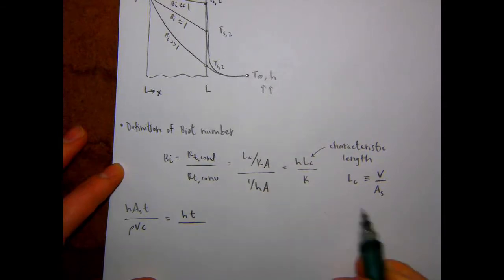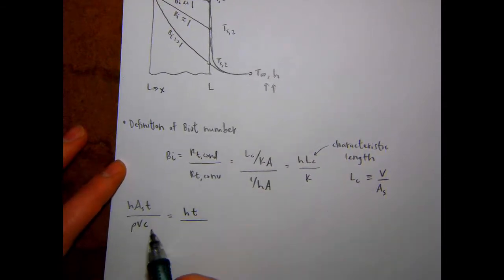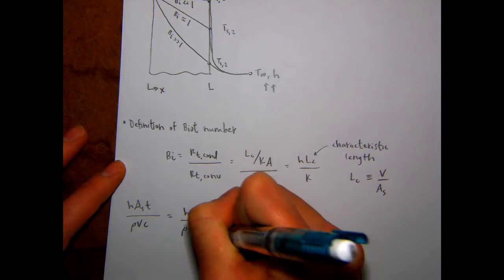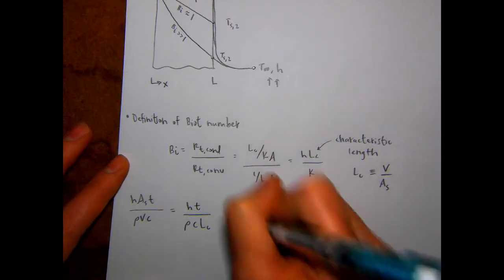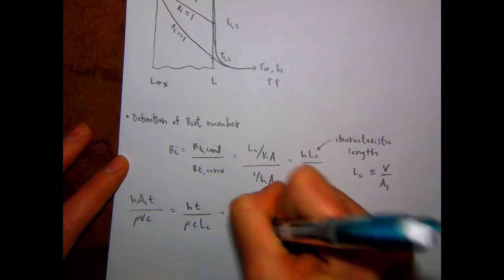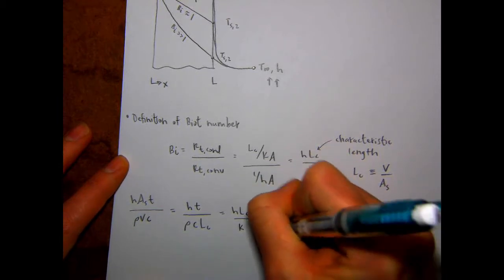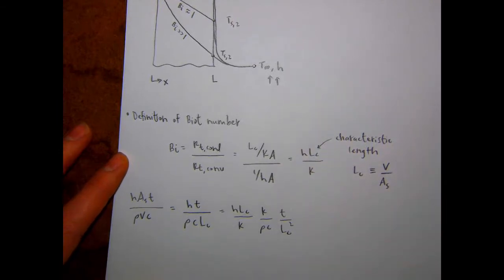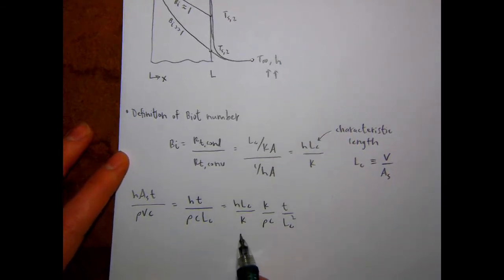So now that we have the characteristic length defined as the volume over the surface area, we can express this as h t over rho c L sub c. And then do some more algebra and rearranging. So now we've got h L sub c over k times k over rho times c times t over L sub c squared.